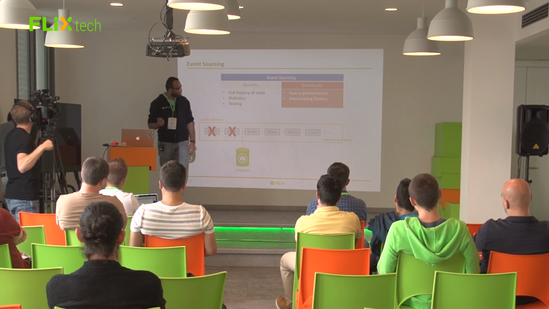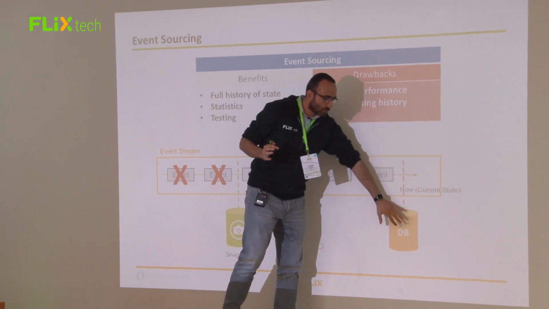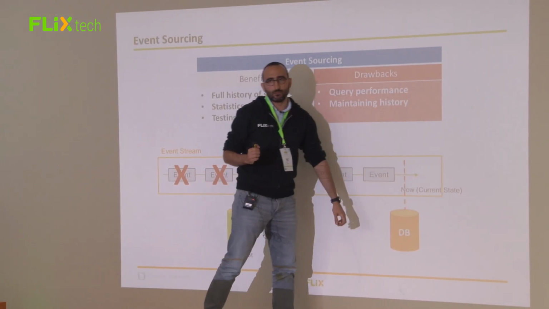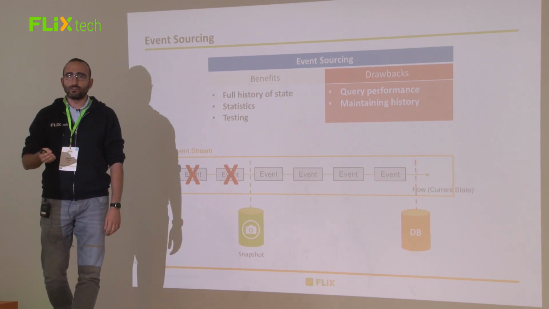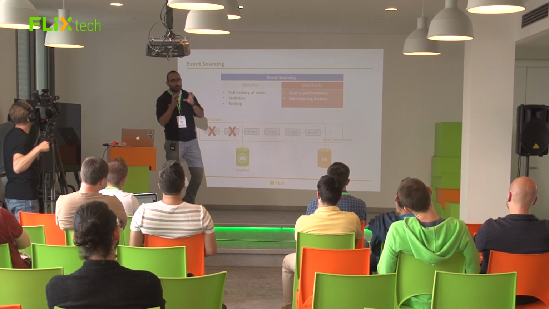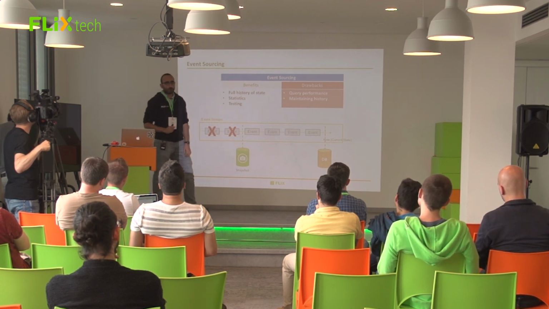The other solution is to store the current state in the database. So every time we publish an event, we receive the event and we modify our local representation of the state accordingly.